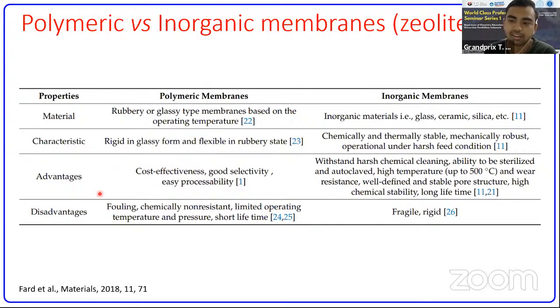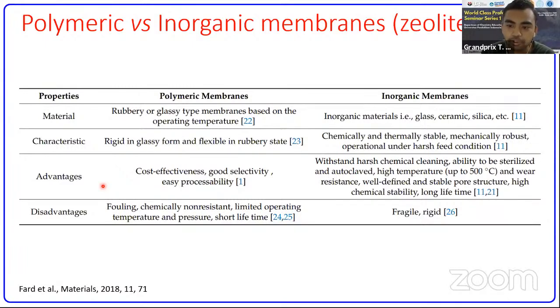Unlike the polymer that has flexible properties or elastic properties. So there are weaknesses, there are advantages. So how do we choose between them, between polymeric and inorganic membranes?